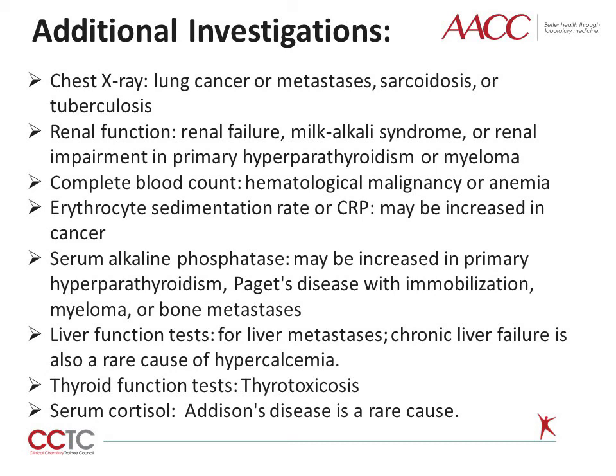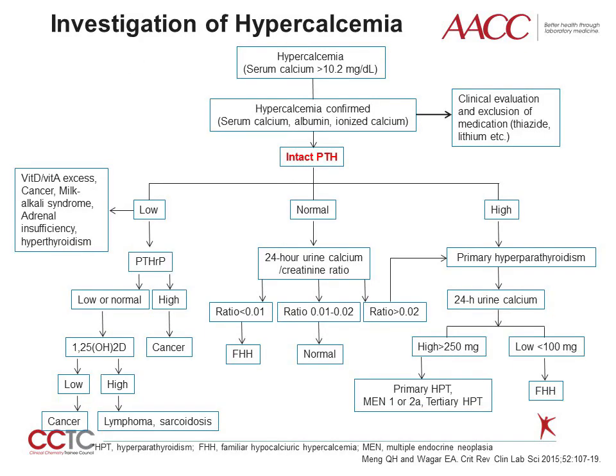For example, chest X-ray, renal function test, complete blood count, erythrocyte sedimentation rate or CRP, serum alkaline phosphatase, liver function test, thyroid function test, serum cortisol. Here is the algorithm we have developed for the investigation of hypercalcemia. Due to the time constraint, I won't repeat most of these tests and procedures as we have already discussed them.